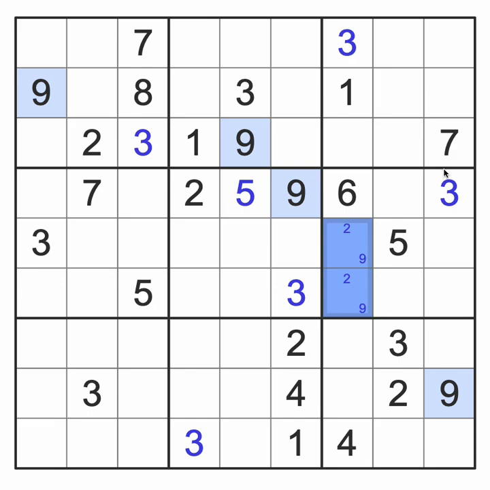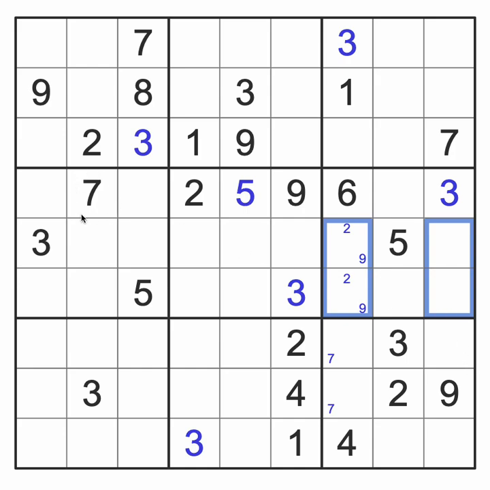Right, and because 7 is here in box 3, this cell cannot be 7. So that puts 7 in here or here. I'm just going to put down 7 here just to make it clear. So this 7 in box 3 blocks here, and these are 2, 9 double.